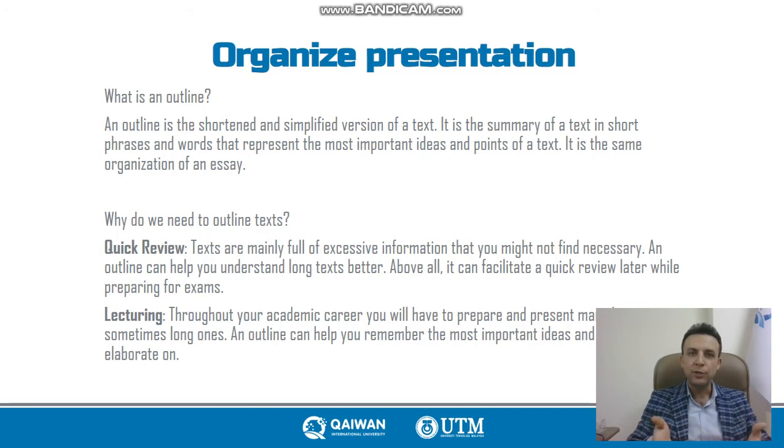So while you're studying different chapters, try to highlight the important parts, or make an outline of the important points of each chapter, so it is easier for you later to have a quick review of what you have already studied, because it might be difficult and very time consuming to go through all you've studied from the beginning to the end again. So an outline will help you have a quick review of the materials that you have already studied or read. This is one reason why we make an outline.